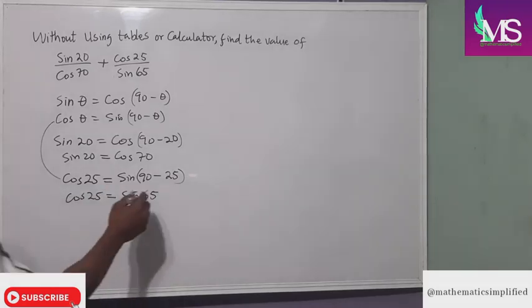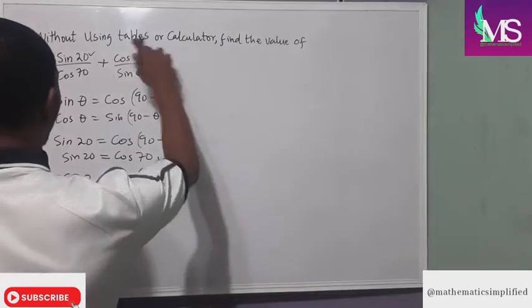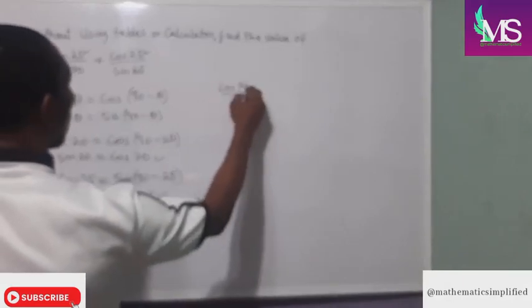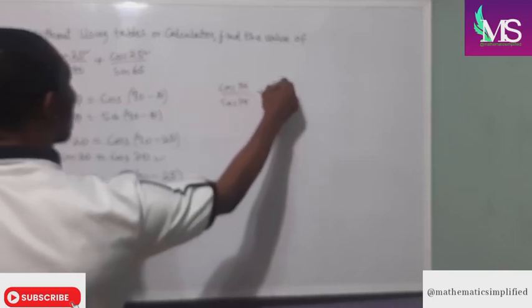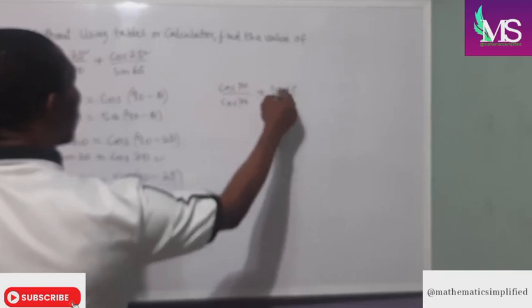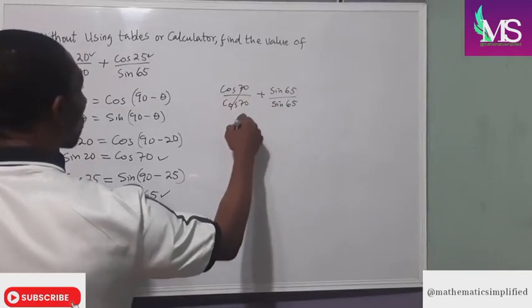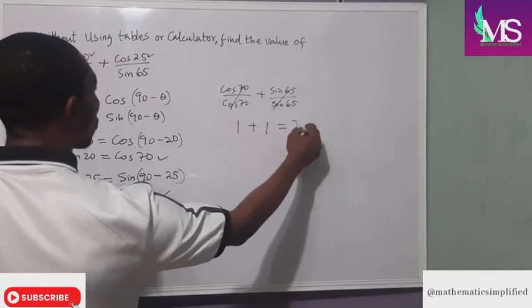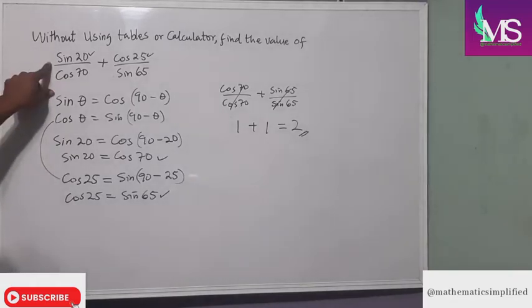Now replacing these, in place of sine 20 we have cos 70 all over cos 70 plus sine 65 all over sine 65. So this will give us 1 plus 1, which is 2. So our answer for this is 2.